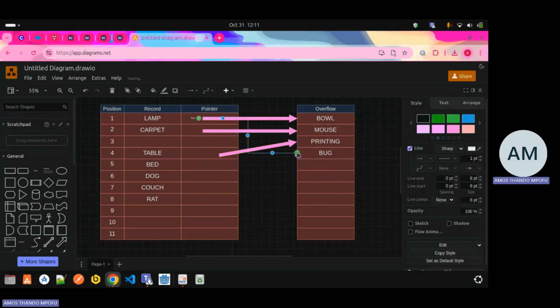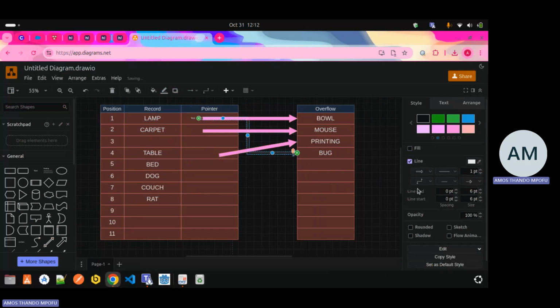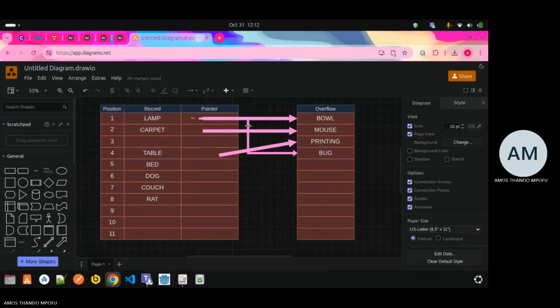So at 1 is bug. Then I change the shape to this, right? And then I change the color to pink, right?